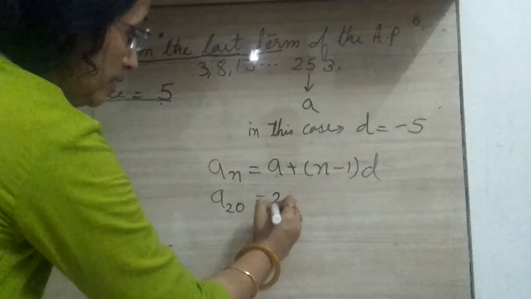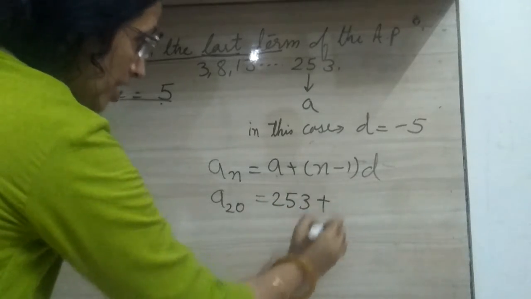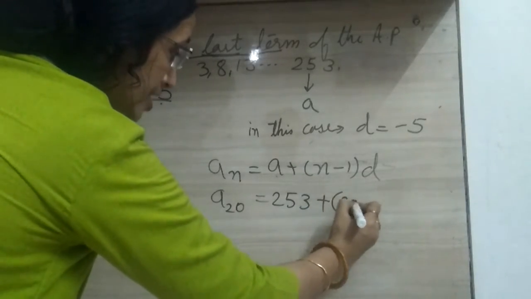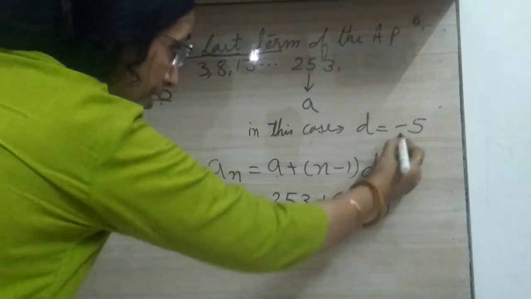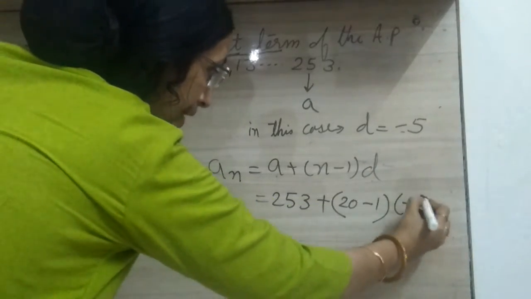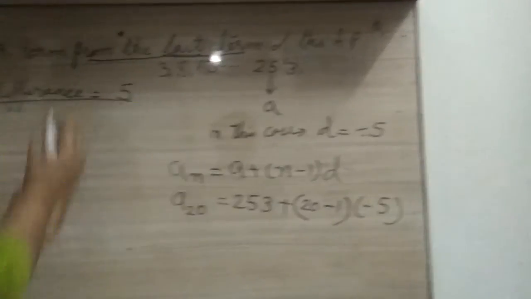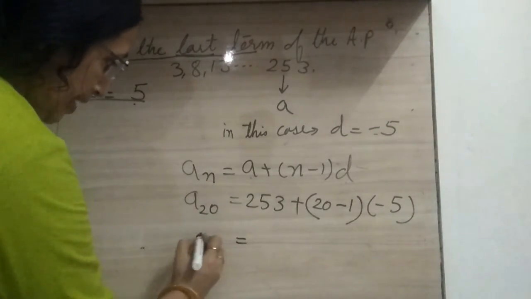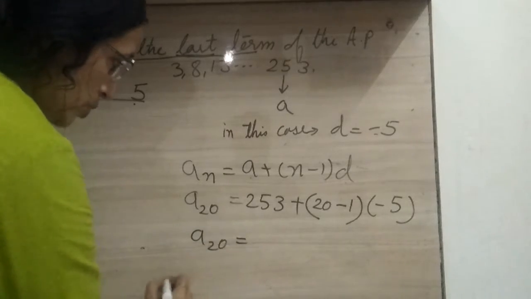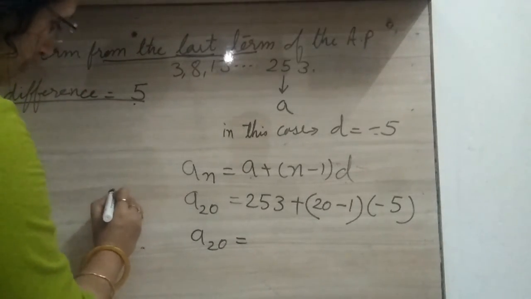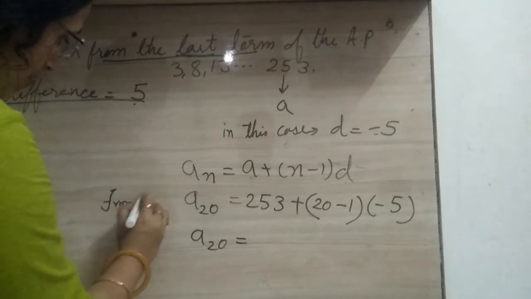We have considered a as 253, plus n is 20 minus 1, and d we will consider this minus 5. Understood why I am taking minus 5? When we have to consider it from last, so what it will become? 20th term. Okay, and this 20th term is from last.